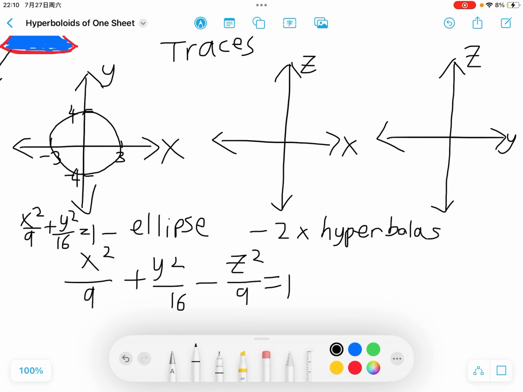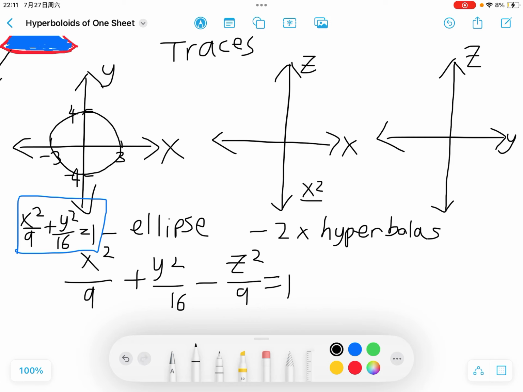Now we're going to graph the xz trace. Let me just highlight this equation. We set y equals to 0 because when we're in the xz plane, the y coordinate doesn't matter, so it's just 0. So we have this equation here.